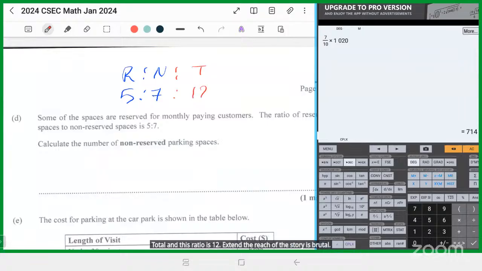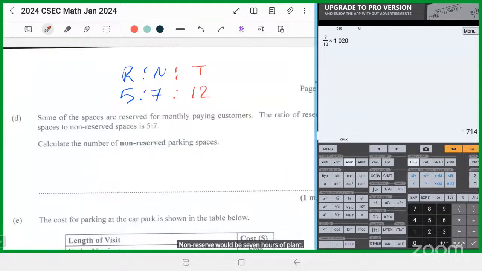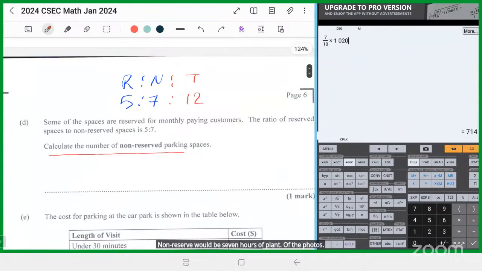So the fraction reserved will be 5 out of 12, and non-reserved would be 7 out of 12 of the total. It says, calculate the number of non-reserved parking spaces. This is 7 out of 12 of the total parking space.